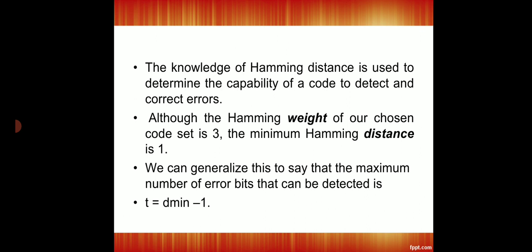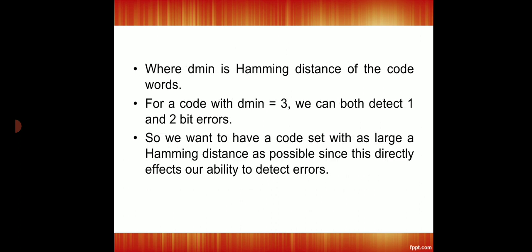Mainly, the knowledge of Hamming distance is used to determine the capability of the code, which is used to detect and correct errors. If the Hamming weight is chosen as 3, the minimum Hamming distance is 1. The maximum number of error bits we can detect is t equal to d minimum minus 1, where d minimum is the Hamming distance of the code words.